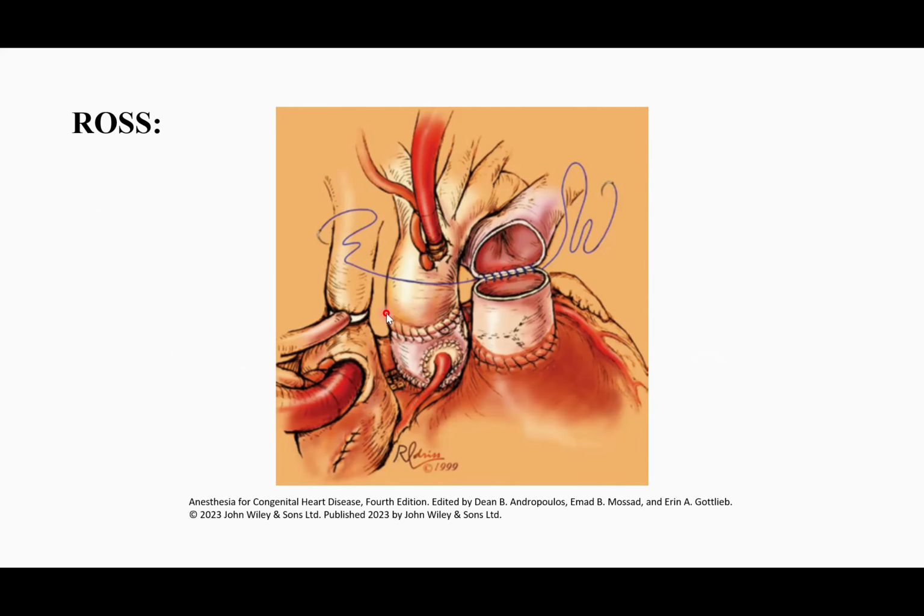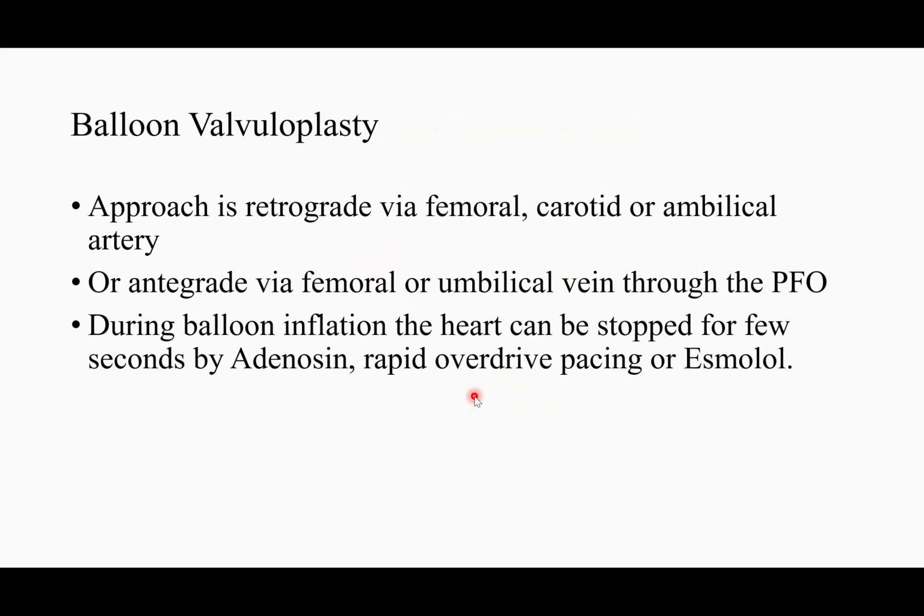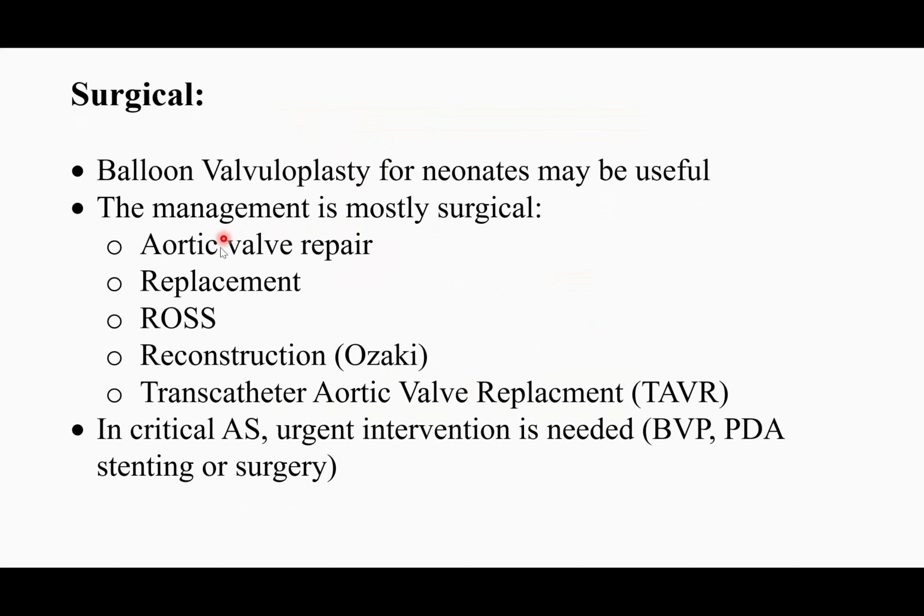This is the Ross procedure. In the Ross procedure, we replace the native aortic valve with the pulmonary valve. So the point is, in children and in young adults, usually aortic valve repair is difficult because the aorta has a complex anatomy and it's a high pressure system.